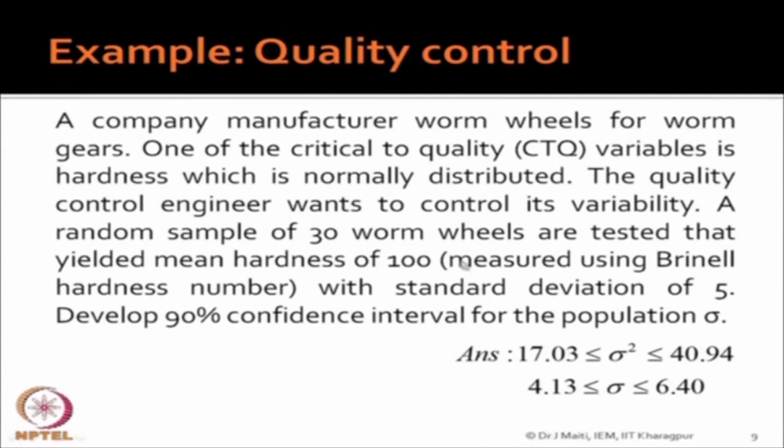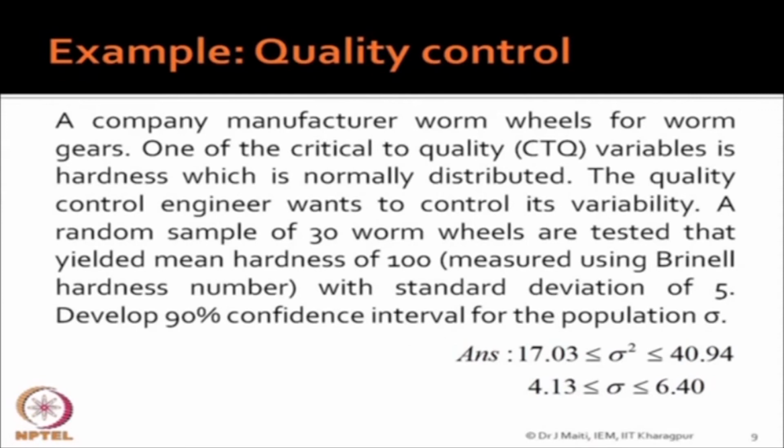The quality control engineer wants to control its variability. A random sample of 30 worm wheels is tested that yielded a mean hardness of 100, measured in Brinell hardness number, with a standard deviation of 5. Develop a 90% confidence interval for the population sigma.